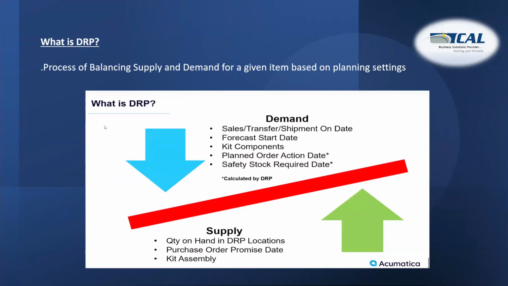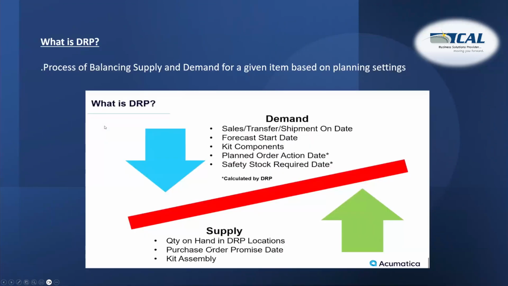It doesn't create that demand, which is a big gap today with today's replenishments. The DRP will replace that replenishment module with its functionality. And as it builds out those plans, it's going to plan them at the action dates, and it's also going to take into consideration your safety stock.